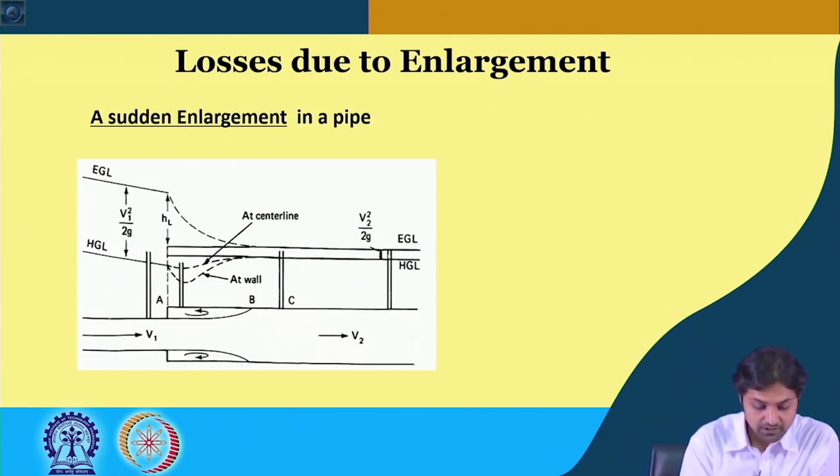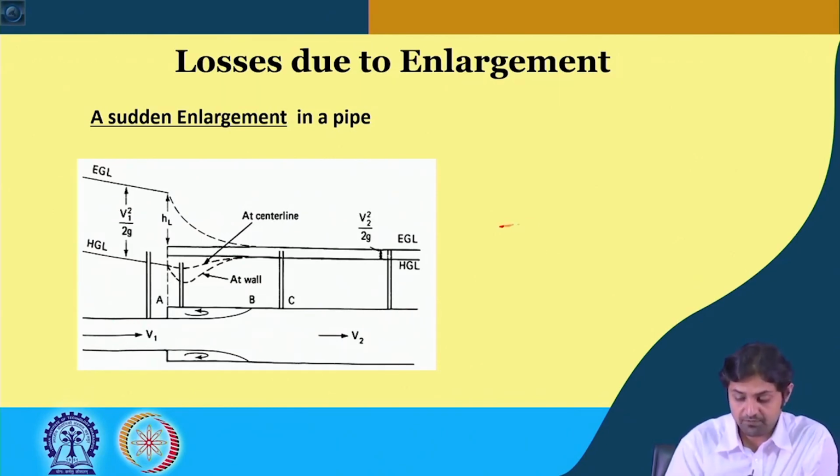You see, if there is a pipe which is going into a reservoir, for example, or any structure that is bigger than this pipe. So, going from one smaller pipe into a larger pipe, for example. So, this is enlargement.